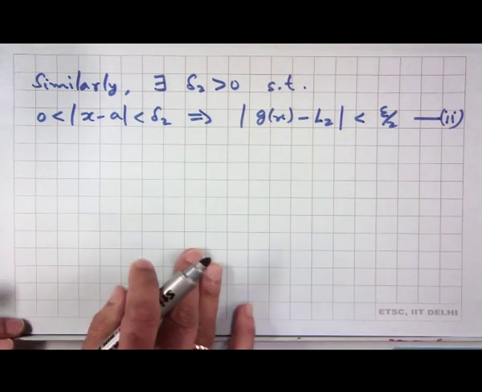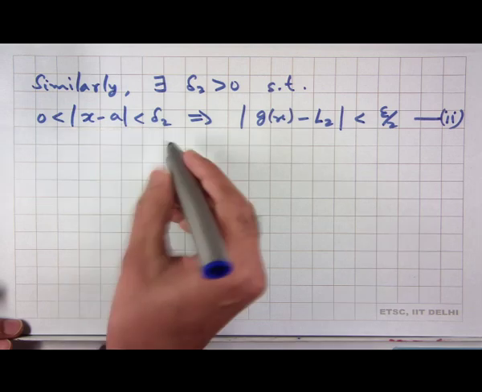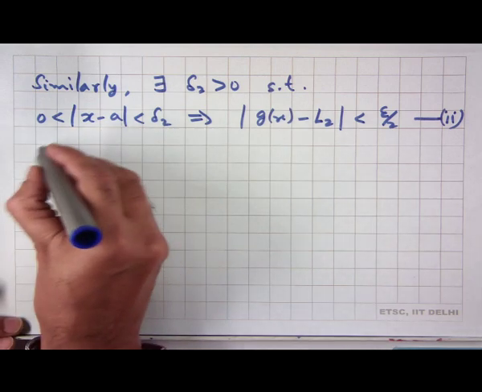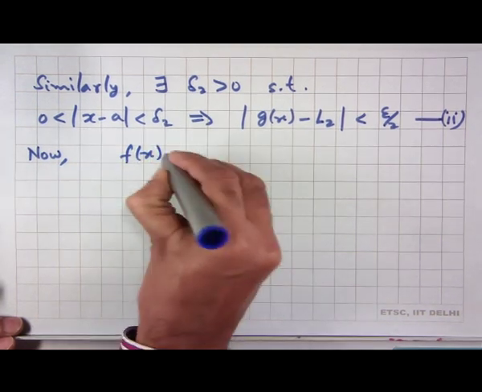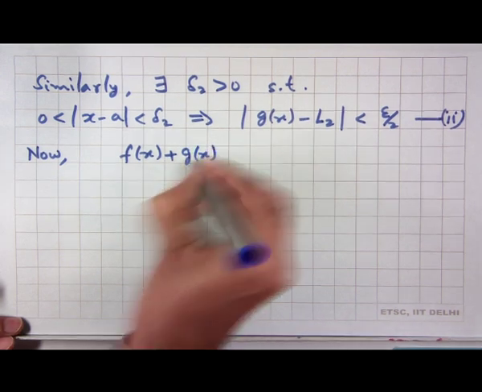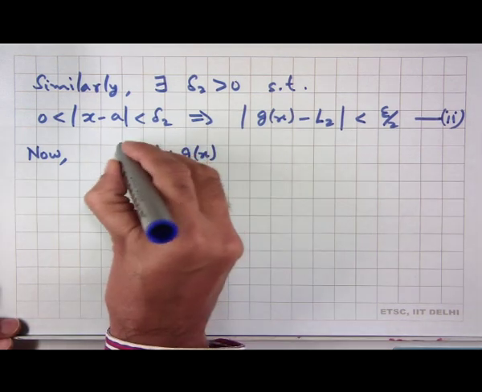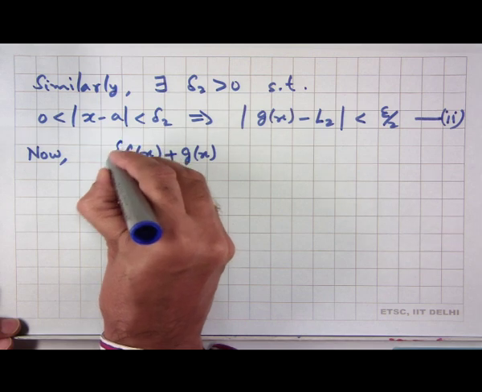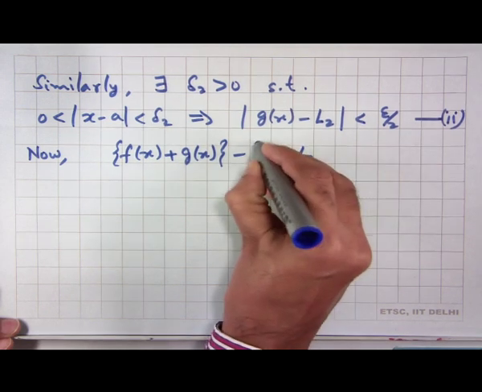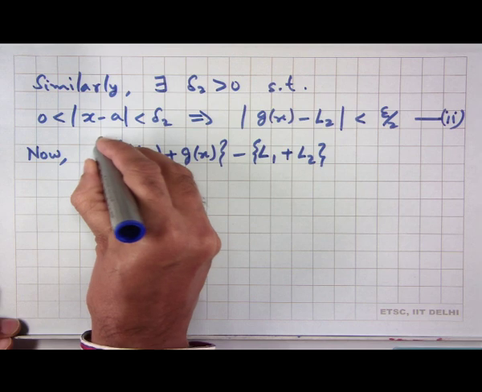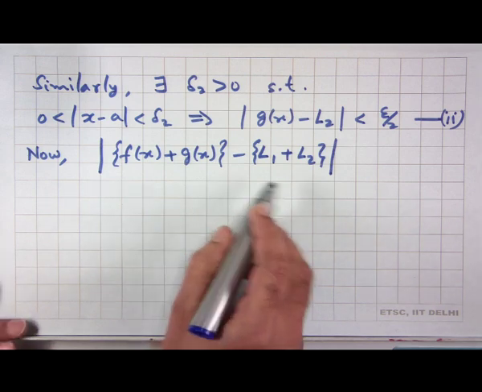So, now what we have to show is we have to find a delta. We have the function f x plus g x and we have to prove that the limit is L 1 plus L 2. So, if we take f x plus g x minus L 1 plus L 2, we have to make the difference in absolute value less than epsilon.